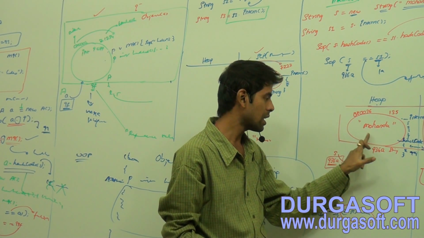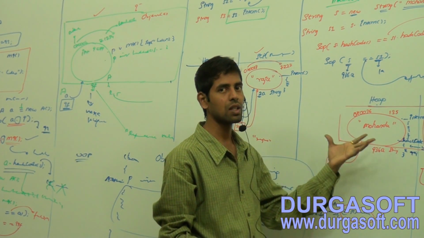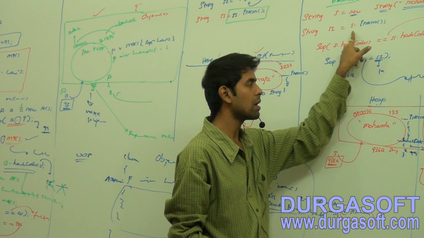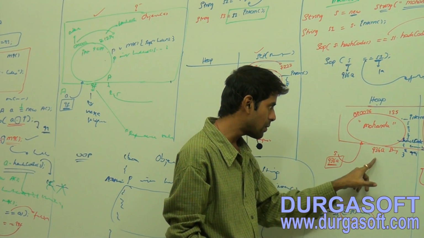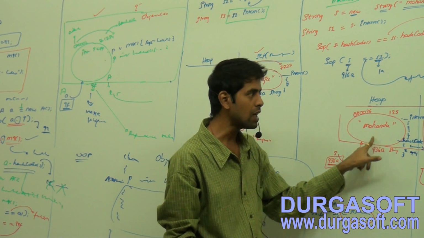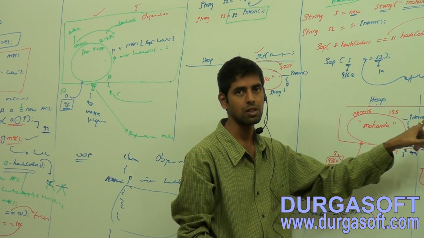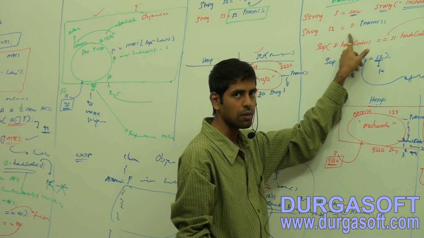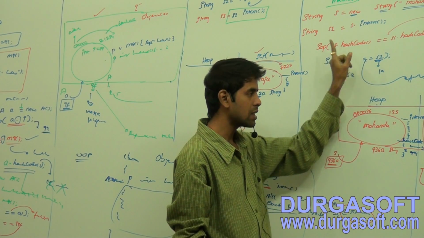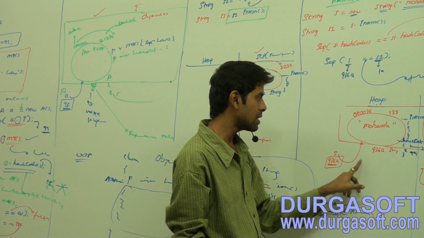Yes, mister, you are telling a heap object. Which object is the heap object? On which reference value you are calling, that reference value's object data and the SCP object data must be same. I think you get this. You are calling on which reference value? This one, 936a, that intern.